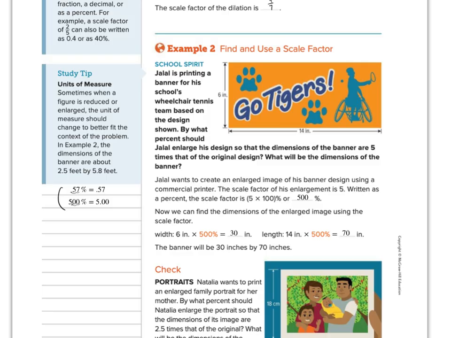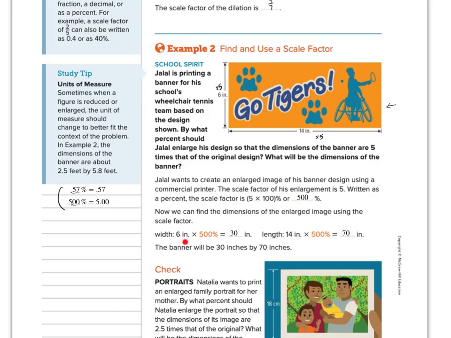Okay, so if this is my current banner, he wants to increase it by 5 times. So remember, everything is going to increase by that scale factor. So this side would be increased by 5, and this side would be increased by 5, creating that enlarged banner using the commercial printer. The scale factor is an enlargement by 5, so we're going to multiply everything by 500% or by 5.